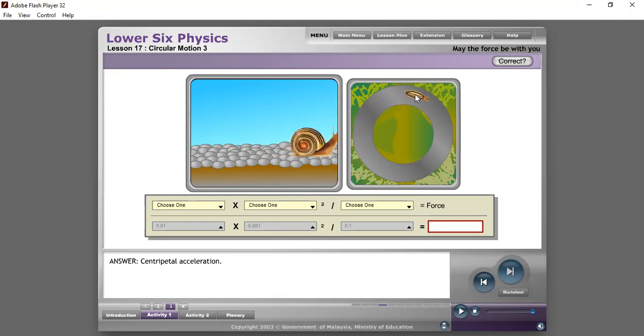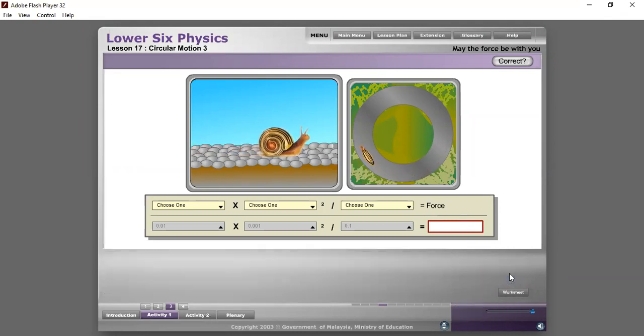But there is an acceleration always pointing to the center of the circle. That is the centripetal acceleration.